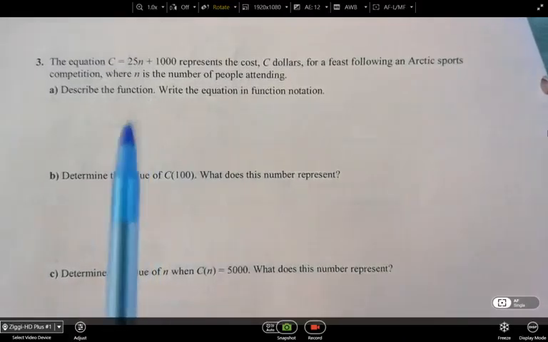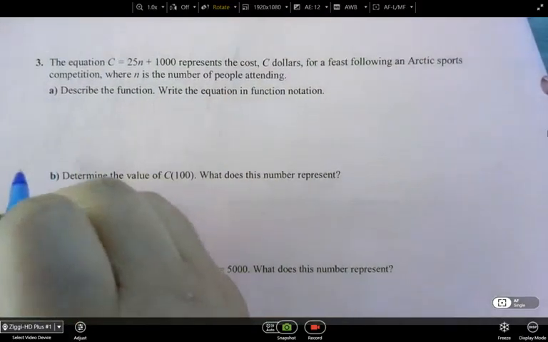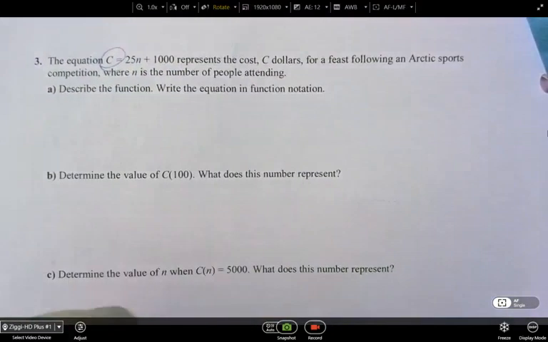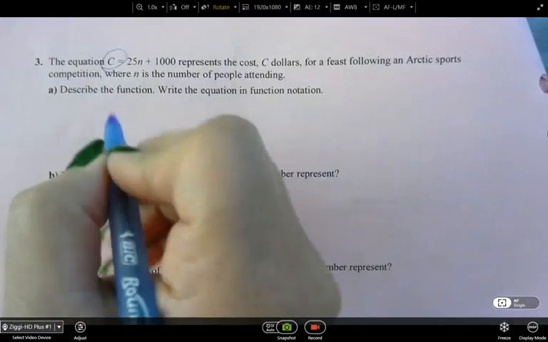So to write something in function notation, we just change it slightly, the first part. So we're going to change this part only to write it in function notation.